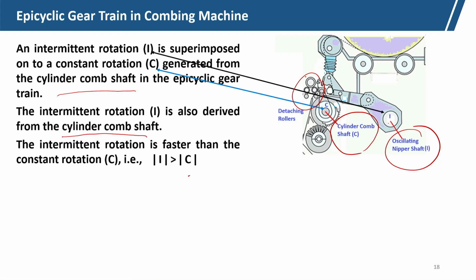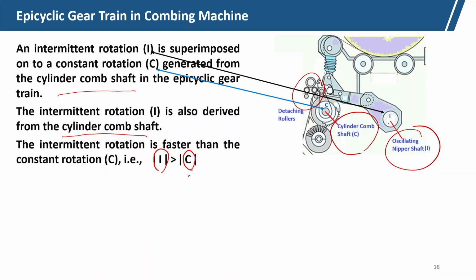Here, the magnitude of the intermittent motion I is more than the constant motion C.